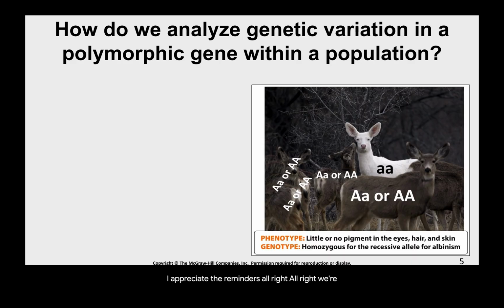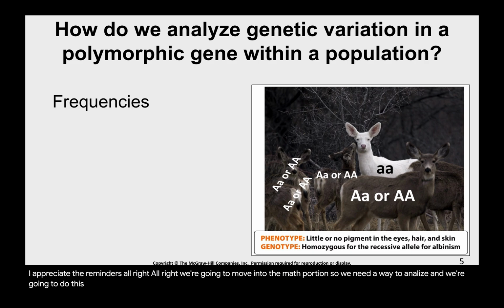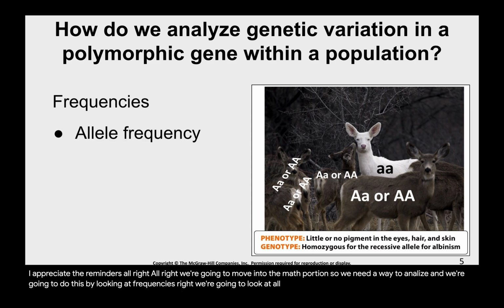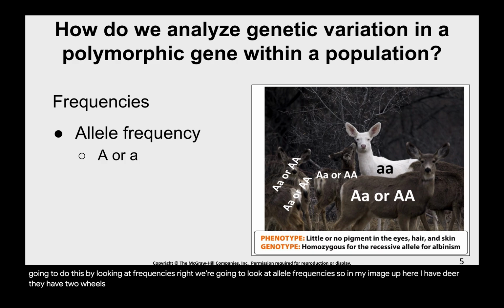All right, we're going to move into the math portion. We need a way to analyze the genetic variation in a population, and we're going to do this by looking at frequencies. We're going to look at allele frequencies. In my image up here, I have deer. They have two alleles for fur color, big A or little a.